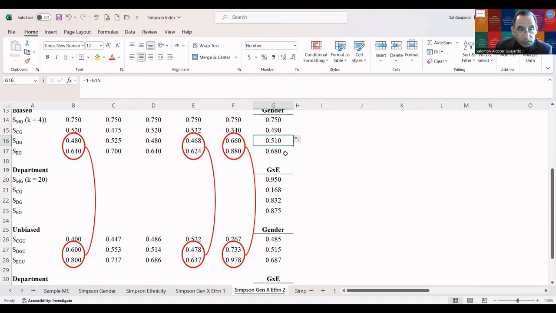And the 0.68 corresponds to the 0.68 for the unbiased. I did the same thing by department.